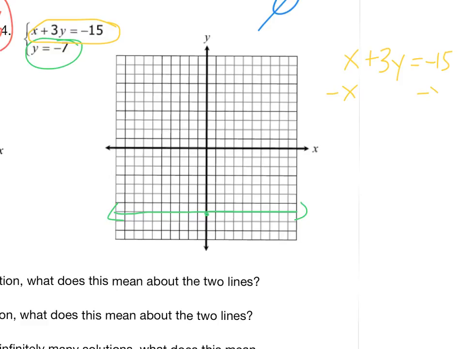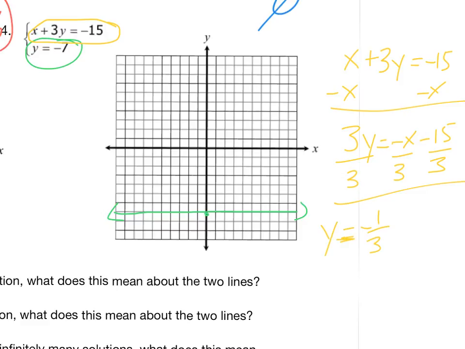Subtract x first, you'd get 3y equals -x minus 15. Then you would divide both sides by 3, and that would give you y equals -1/3 x minus 5. So our y-intercept for this next equation is going to be -5.